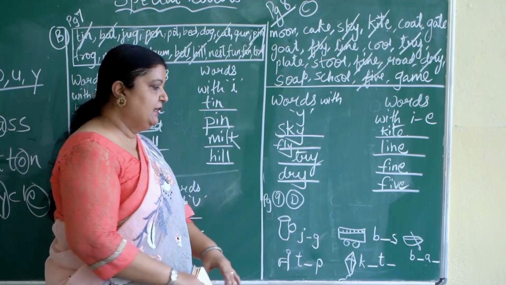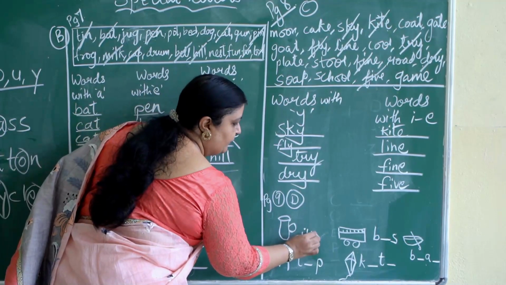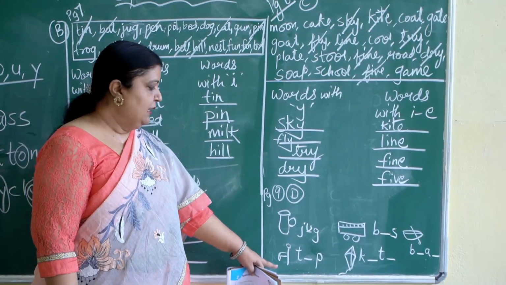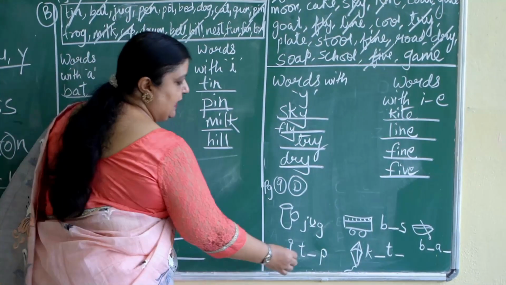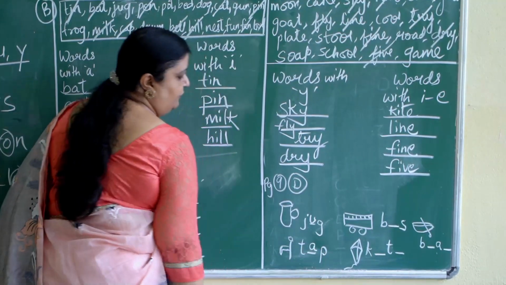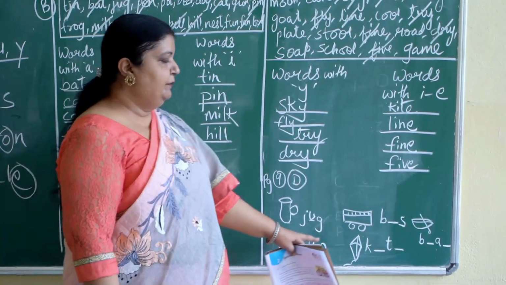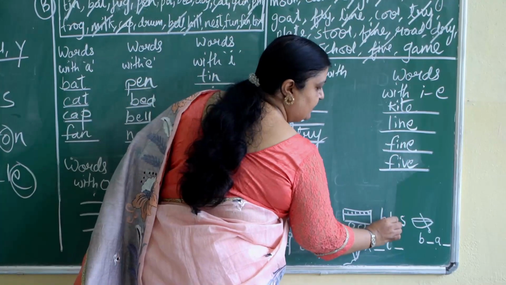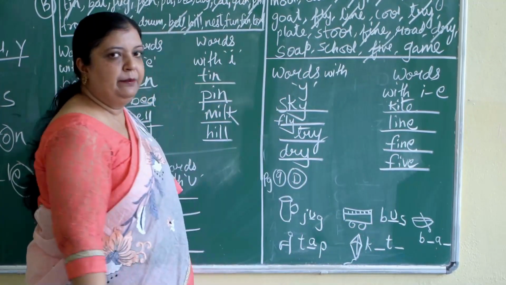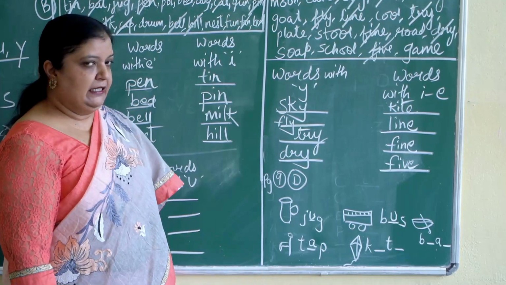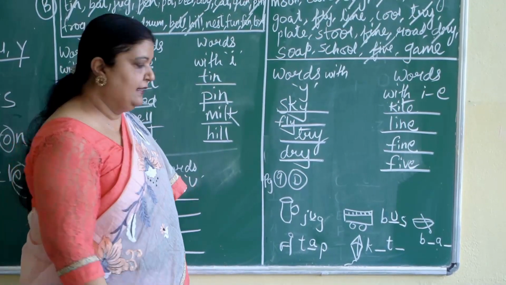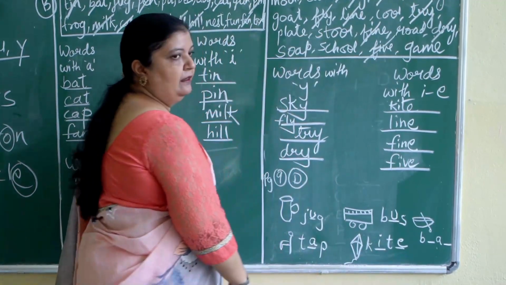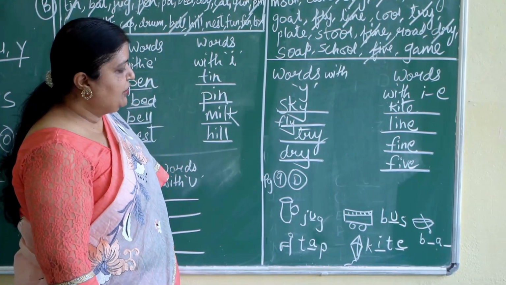So U is missing, so you will fill in U. The next picture is of tap. T-A-P, tap. The special letter A you have to fill in. Then bus. B-U-S, bus, the special letter U. Then kite. K, two special letters are there. K-I-T-E, kite. Now again two special letters.